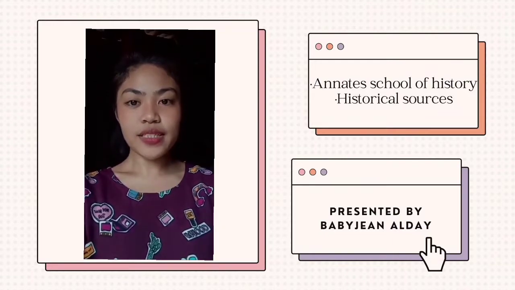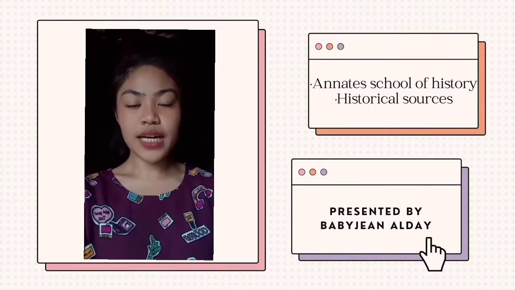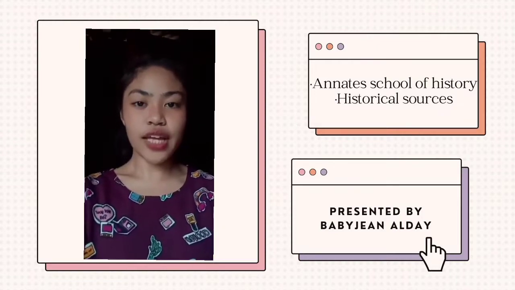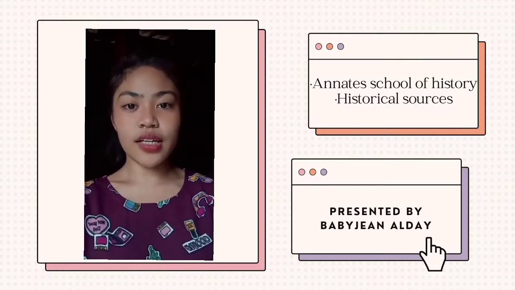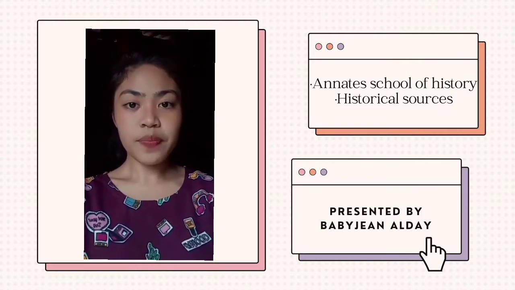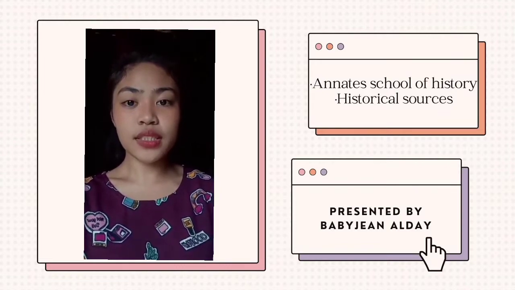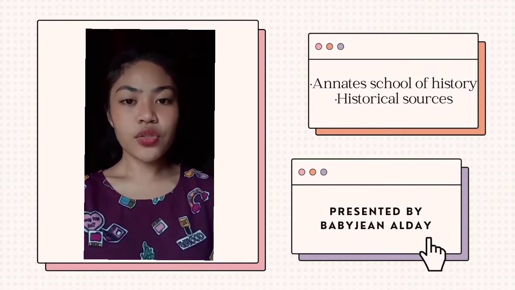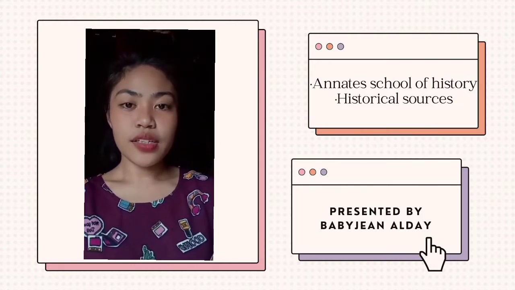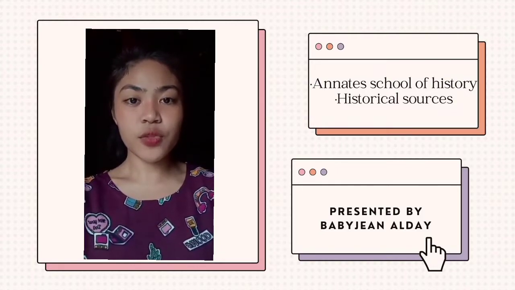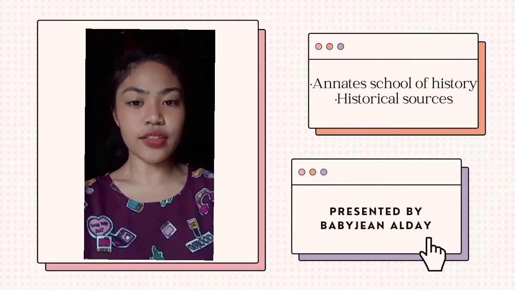Archival documents, artifacts, memorabilia, letters, census, and government records are primary sources. Secondary sources are sources that are produced by an author who used primary sources to produce the material. It is historical sources which studied a certain historical subject.